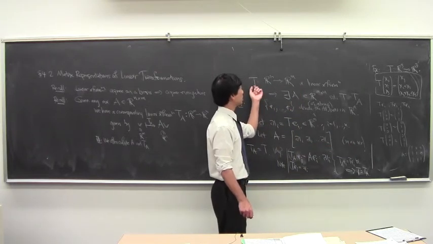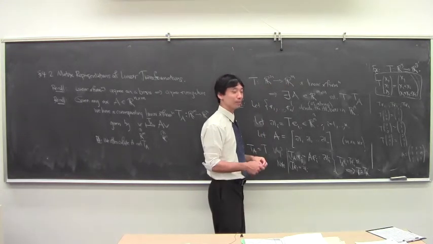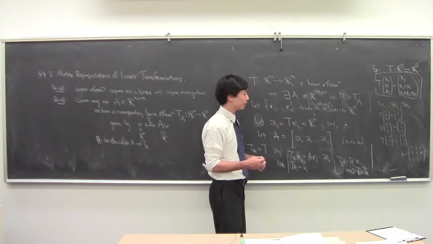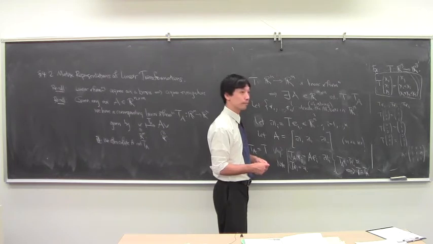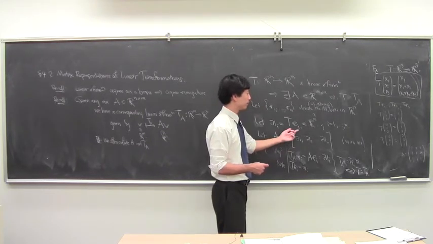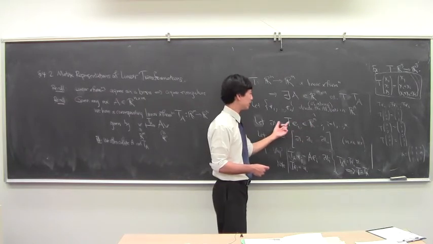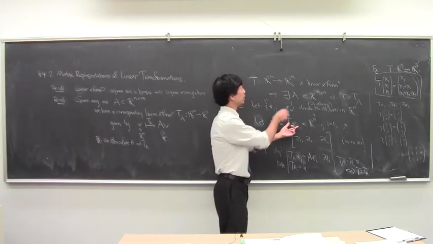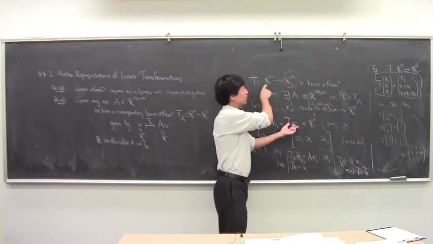Just like T: you feed it an n by 1, and it gives you an m by 1. So if A is A1 through AN, that's an m by n matrix, but each column is m by 1. When A equals T of E, that is an m by 1. That's right. Each of these is an output of T, and the outputs of T are all m by 1.